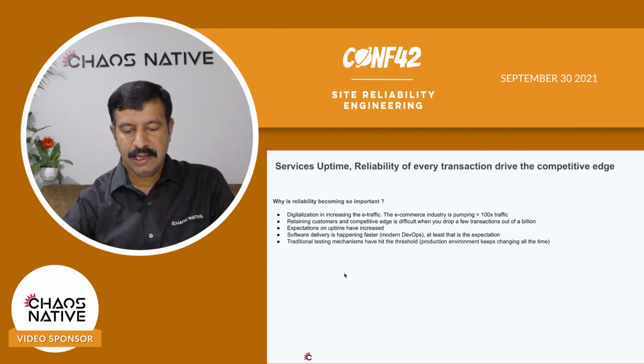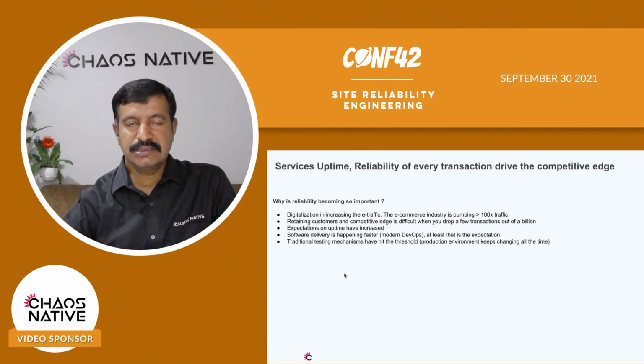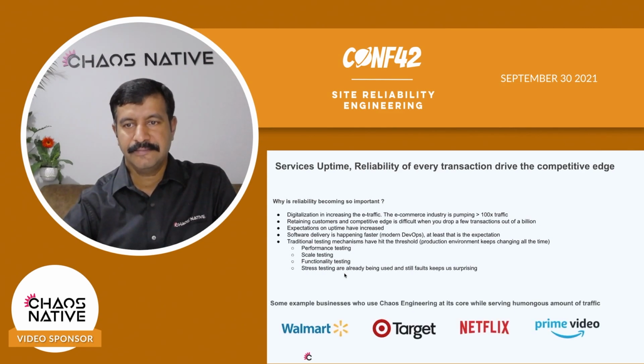And the testing mechanisms have also improved. People are doing a great amount of good quality testing through DevOps, but that is not sufficient. The proof is that we continue to see service outages now and then.